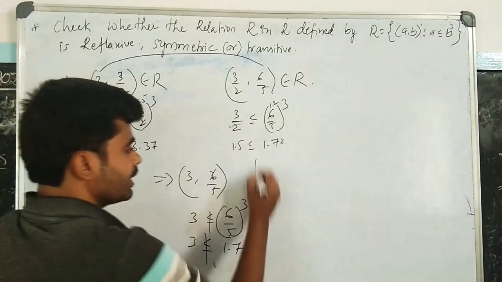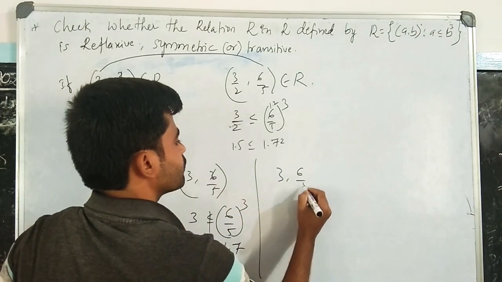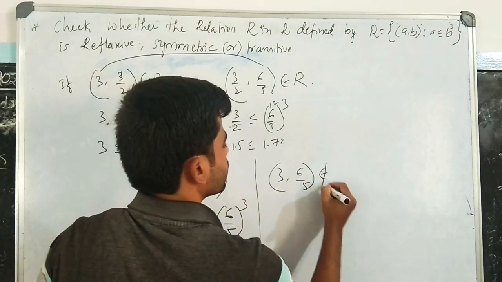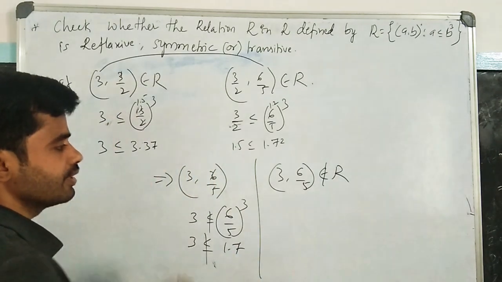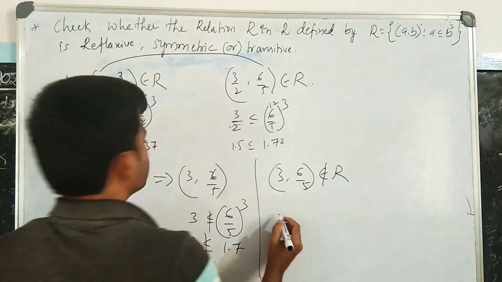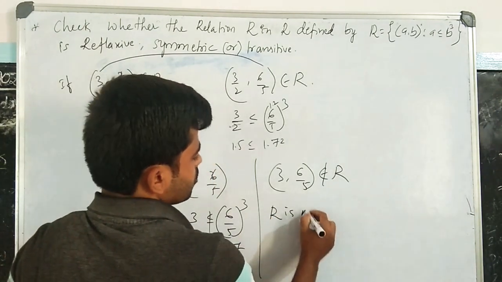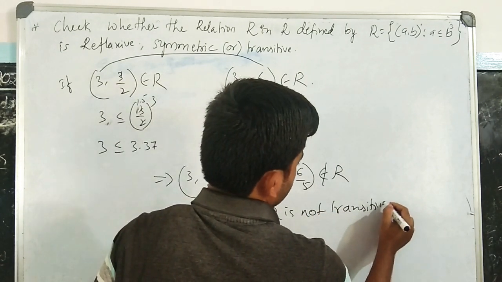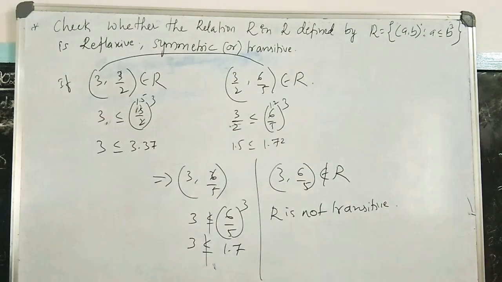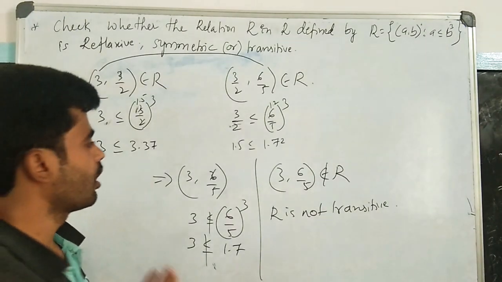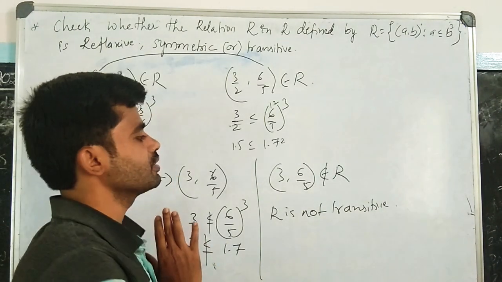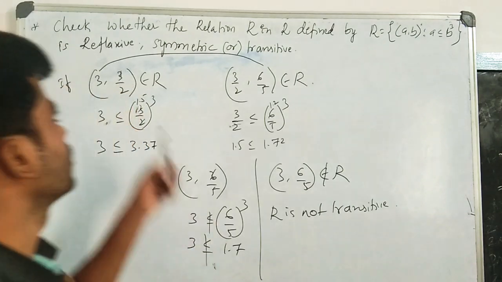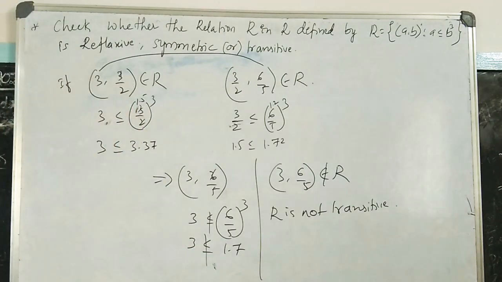Hence we can say (3, 6/5) is not in the relation R. Then what can we conclude? Therefore R is not transitive. R is not reflexive. R is not symmetric. R is not transitive. We have verified this.